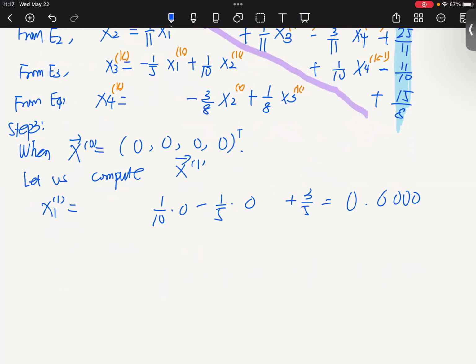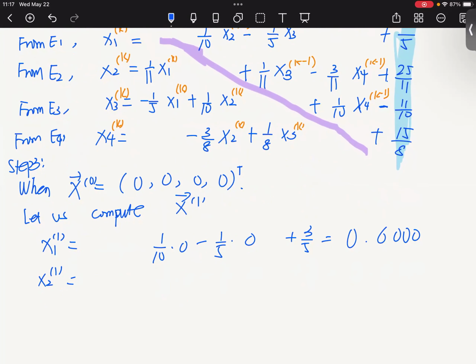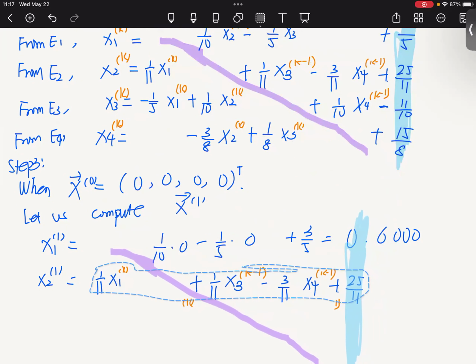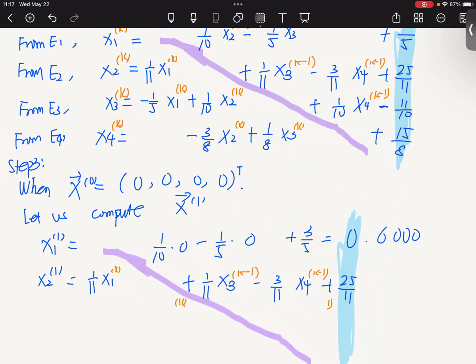Now for x2, we follow the formula here, and I just copy down everything here in case you don't understand what I'm doing. I just copy and paste and then replace the numbers there.